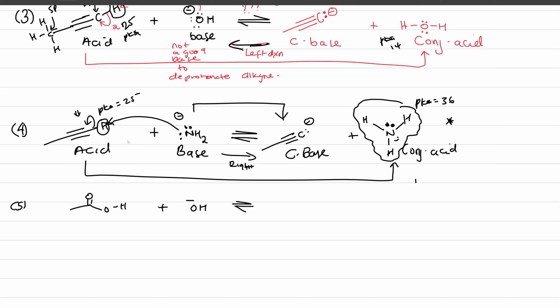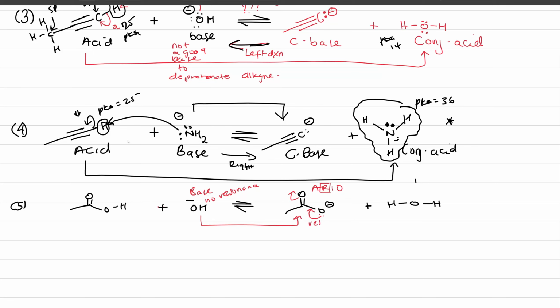Does it go to the right? Yeah, it's going to go to the right. Is it because there are 2 oxygens on the other one? That's one factor, but the main factor is resonance. If there's resonance, it'll shift towards the side with resonance. If you're comparing bases, this base has no resonance.